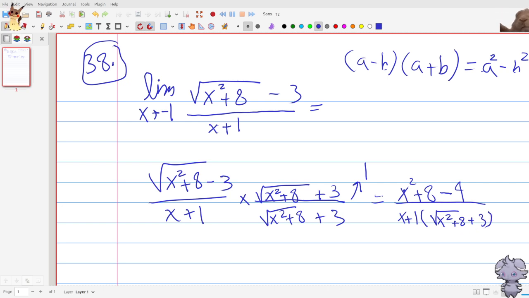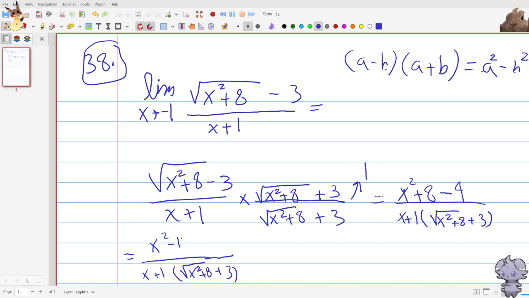Now it will be x squared minus 1 over x plus 1 times the square root of x squared plus 8 plus 3. If we plug in right now, x plus 1 will be 0, so the entire denominator will be 0, so our job is not done.